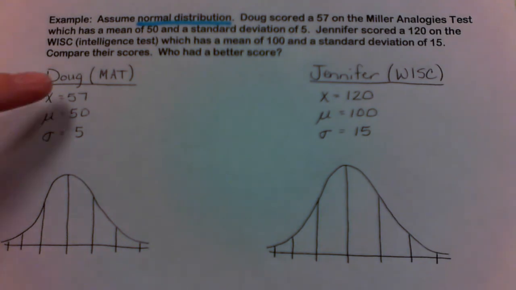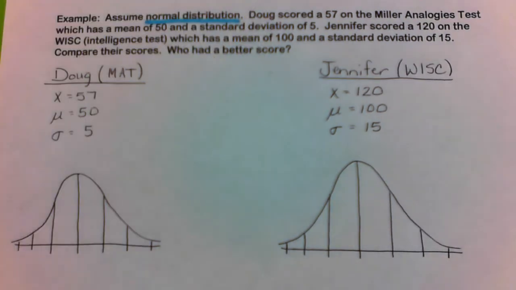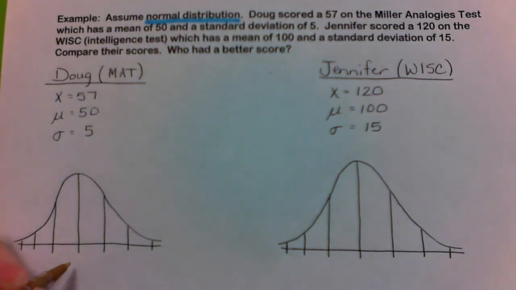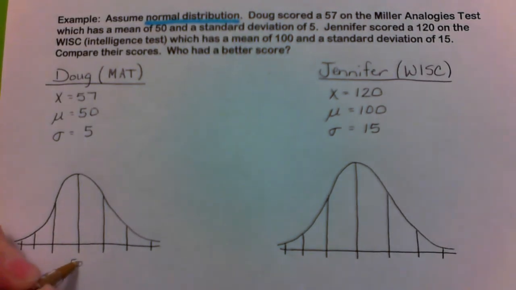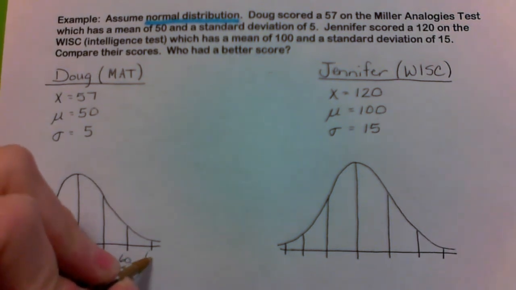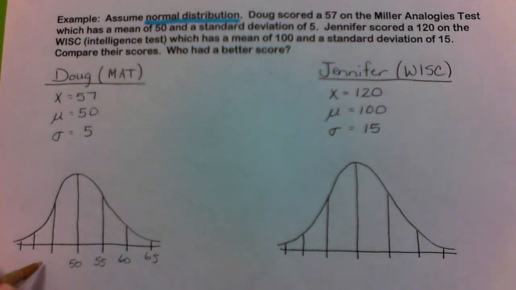All right, so for Doug, it's normally distributed. The information tells us that mu is 50 and the standard deviation is 5. So this would be 55, 60, 65. As I go to the left, I would subtract 5, so 45, 40, 35.